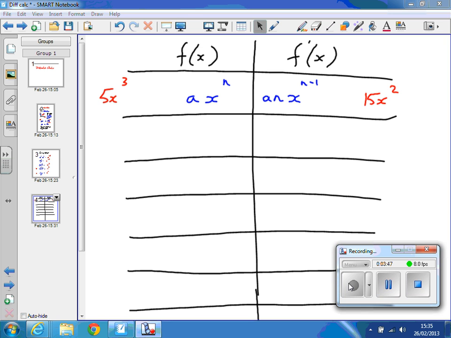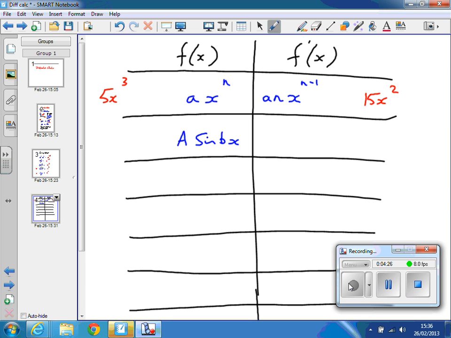Okay, so that's the general function a x to the n. Another function that might be worth looking at is the sine function, a sin bx. So some sort of sine function with a constant in front of it, which would be the amplitude, say, and then some little constant b inside, which might be the angular velocity if this was omega t.